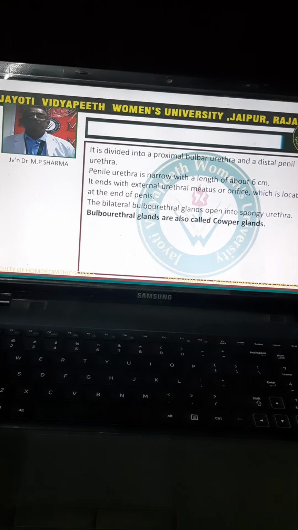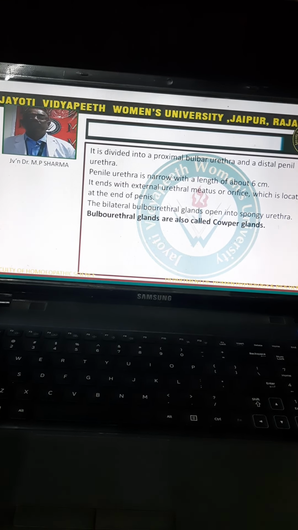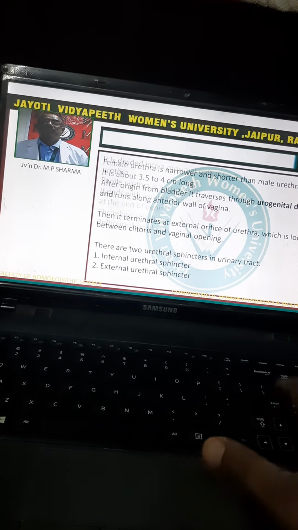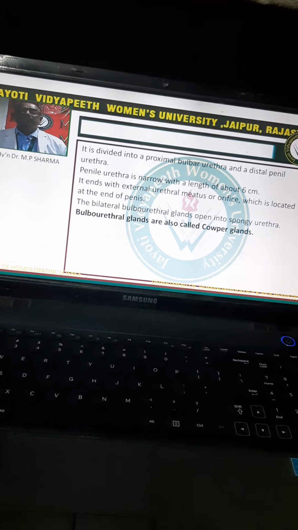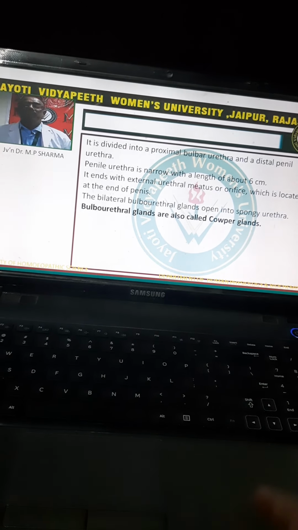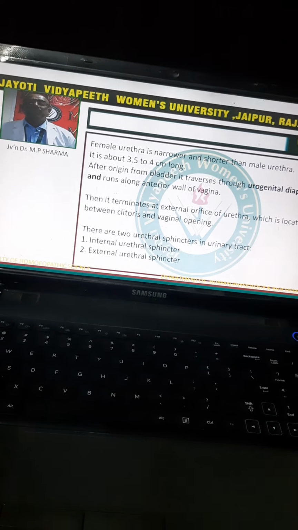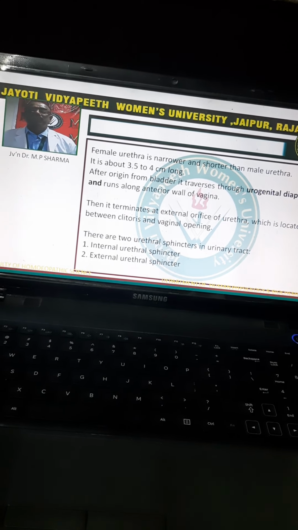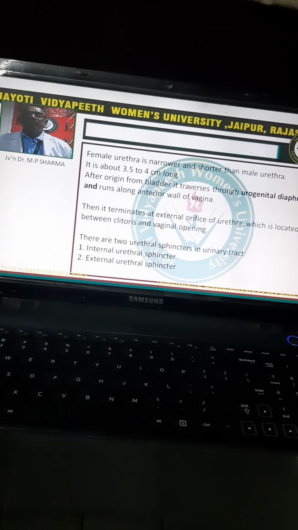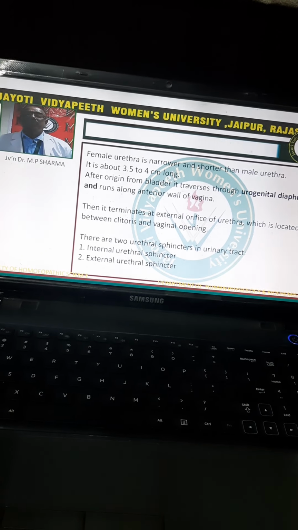The bilateral bulbourethral glands open into the spongy urethra. Bulbourethral glands are also called Cowper glands. The female urethra is narrower and shorter than the male urethra and it is about 3.5 to 4 centimeters long.